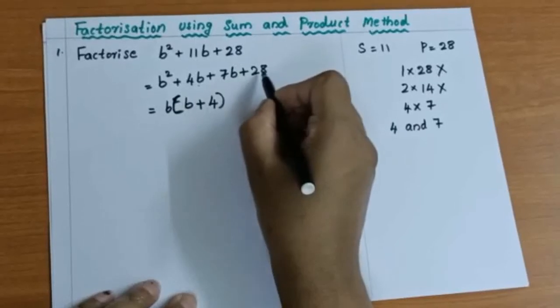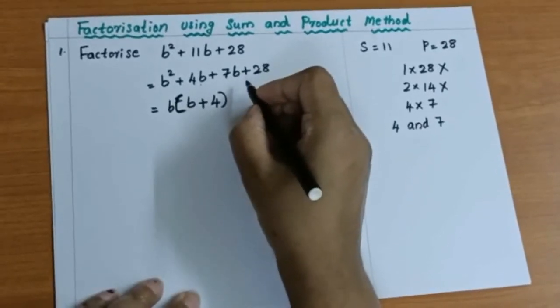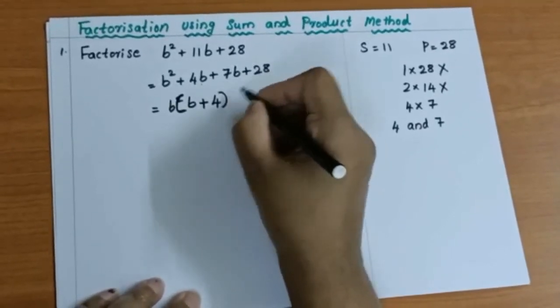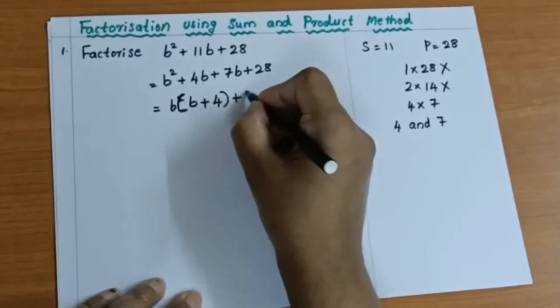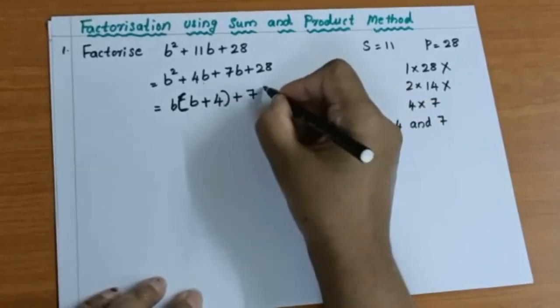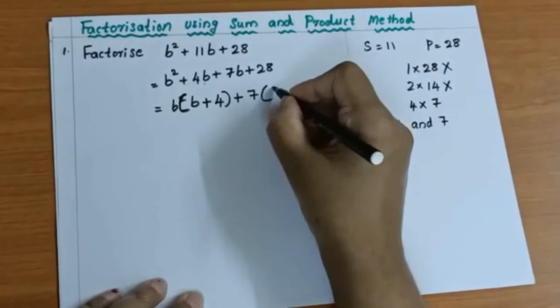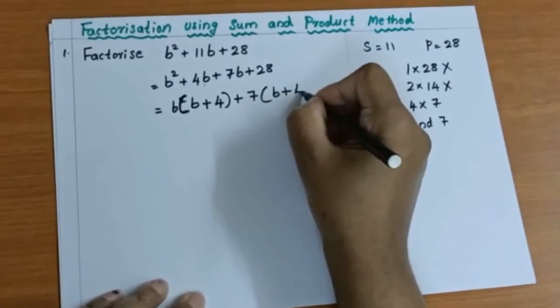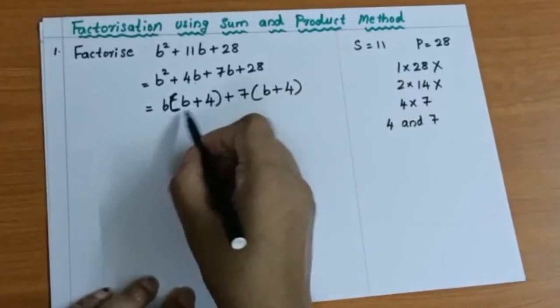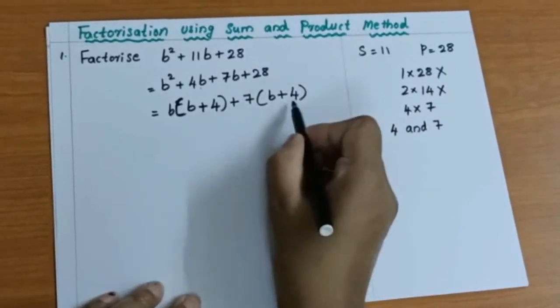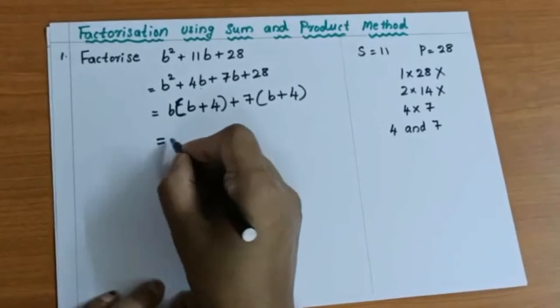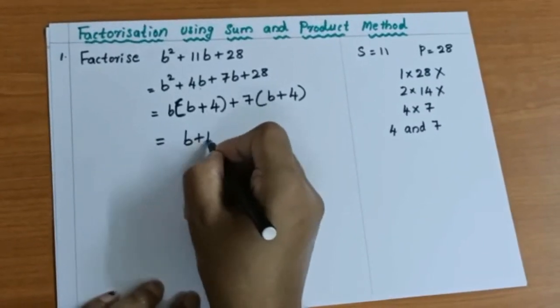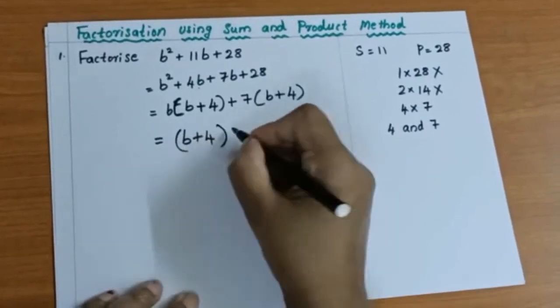From 7b and 28, 7 is the common term. 28 is divisible by 7. So, we can take 7 outside. Inside you will get b plus, 7 4s are 28, so 4. Now here b plus 4 and b plus 4 are common. So, we can take b plus 4 common outside.